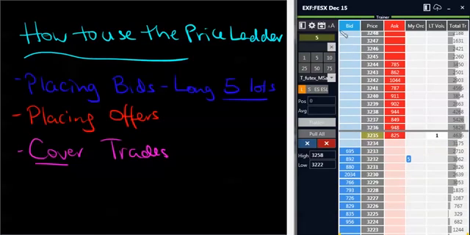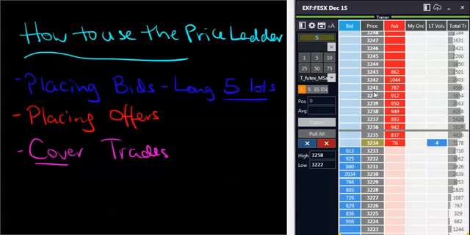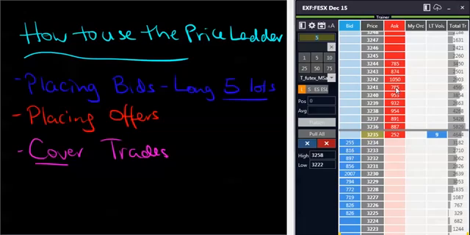Now likewise, if we wanted to place offers, we do the same exact thing. We have a standard clip of 5. Let's say I wanted to offer at 32.41, in front of these 1,044 contracts, basically saying I'd like to be short or sell at 32.41.